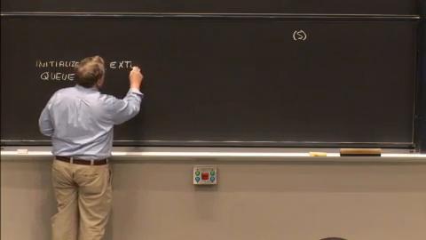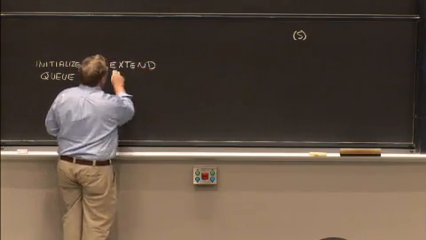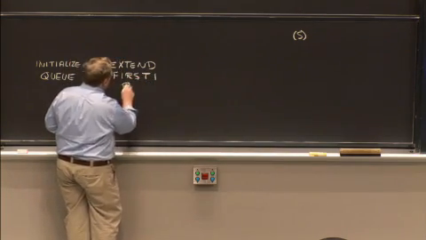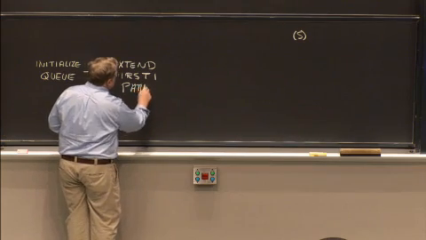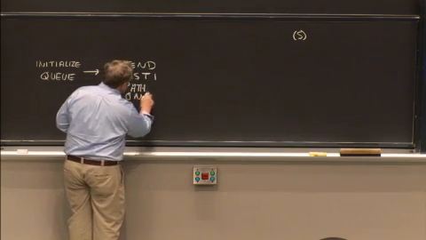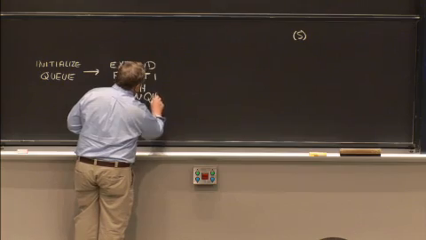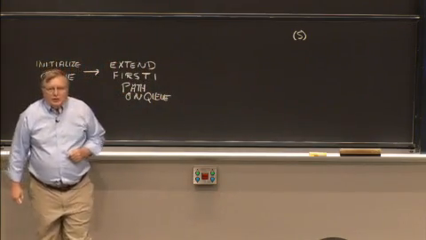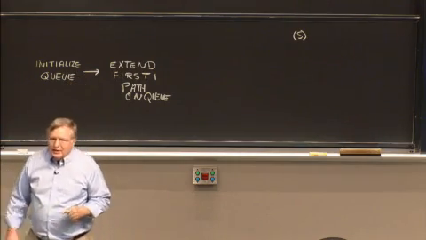So the next thing I do after I initialize the queue is I extend the first path on the queue. Okay, so when I extend S, I get two paths.